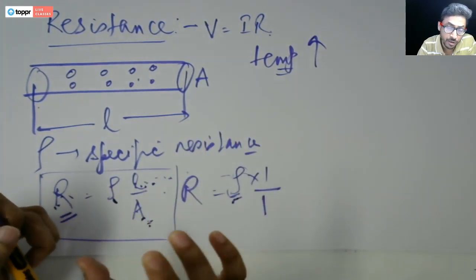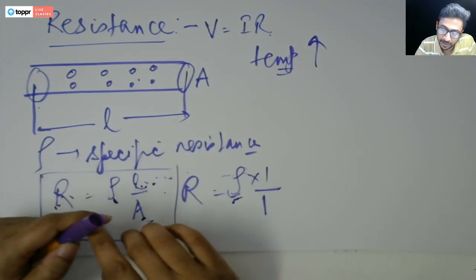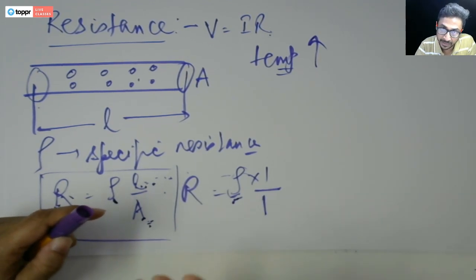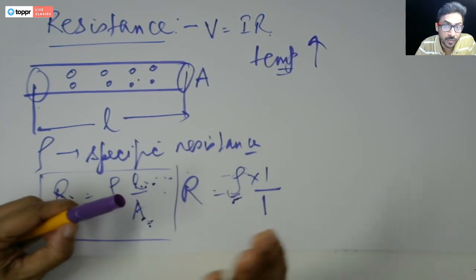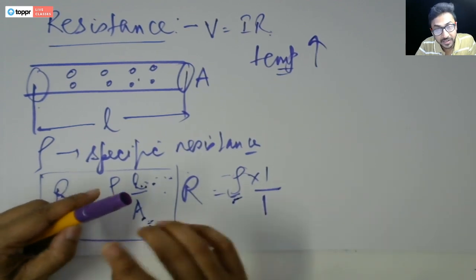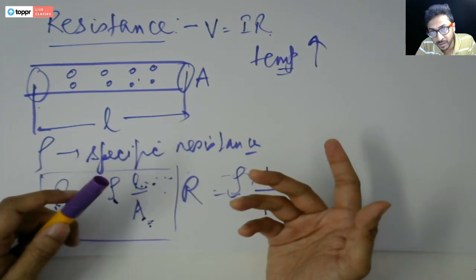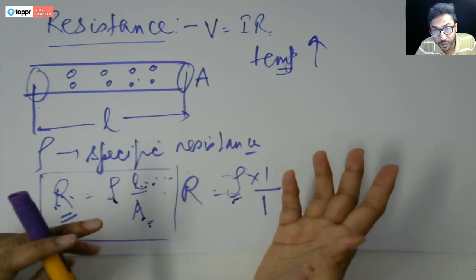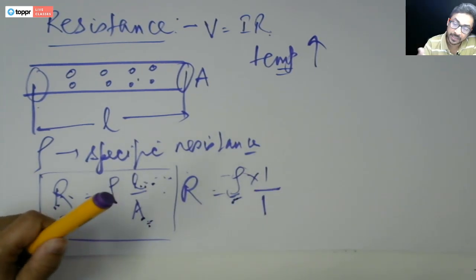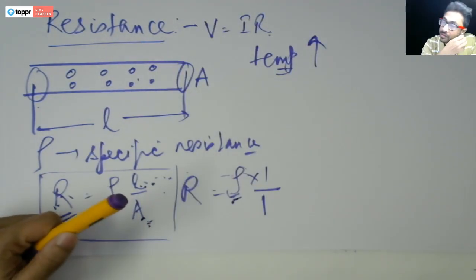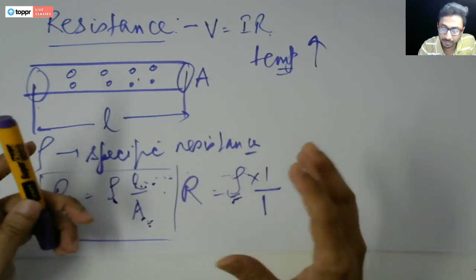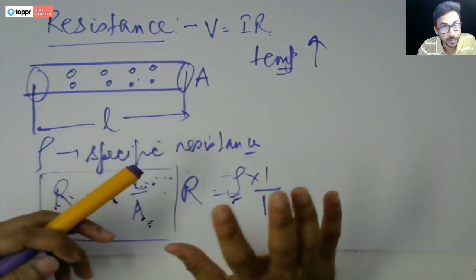The immobile charges are not exactly immobile, they are vibrating at their mean position. So that vibration will increase, and if the vibration increases, the number of collisions will increase. If the number of collisions increases, definitely the time taken to cross the material will be more, which means the obstruction is more, so resistance will be more.